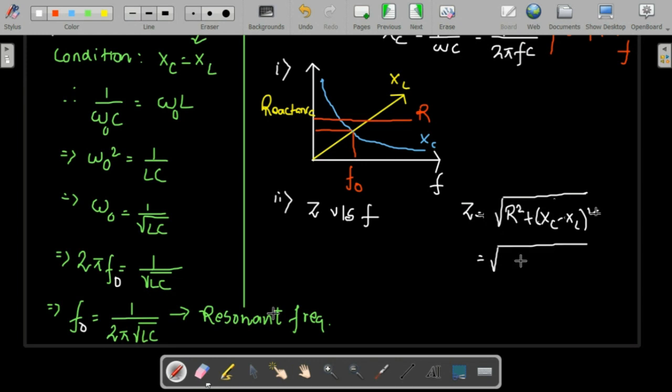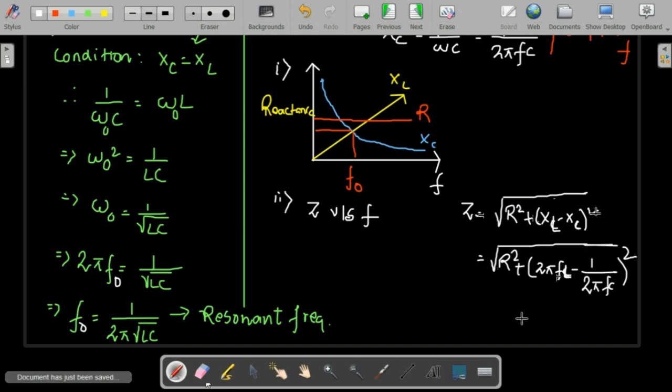So the impedance is root over r square plus XL minus XC whole square, where XL is 2 pi fL and XC is 1 divided by 2 pi fC.